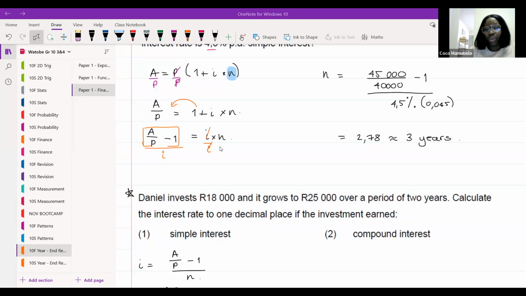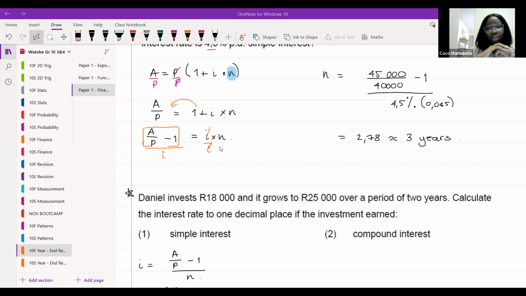So if we do it step by step, let's see what happens. 45,000 divided by 40,000 gives me 1,125, minus 1 gives me 0,125, divided by 0,045 gives me the exact same answer. So I'm not sure why, because even when I do it step by step, I still get the same answer.